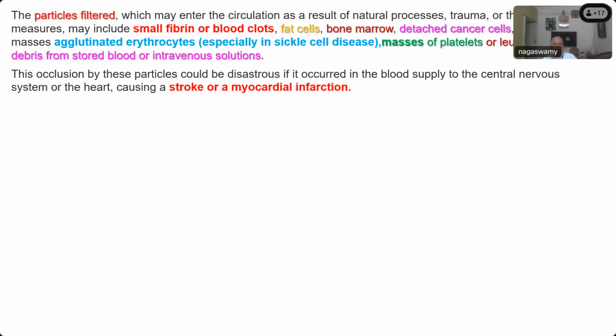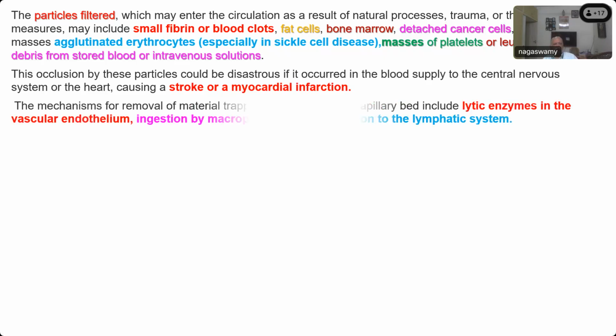Occlusion by these particles could sometimes be disastrous if it occurred in the blood supply to the central nervous system or the heart, causing stroke or myocardial infarction. So before they can reach the systemic circulation, the pulmonary circulation acts as a filter.